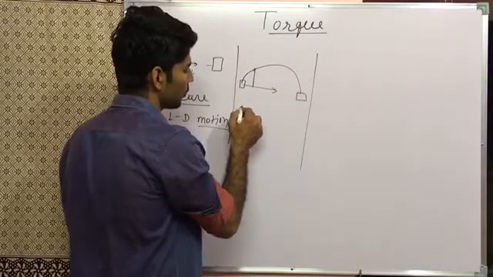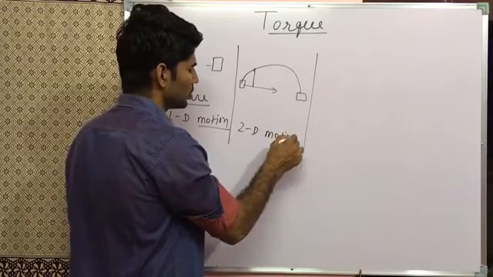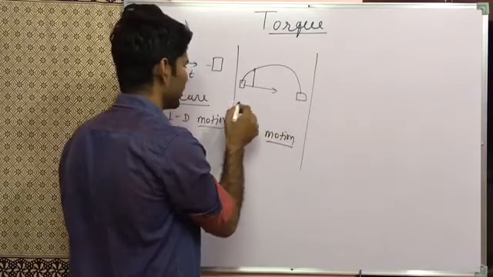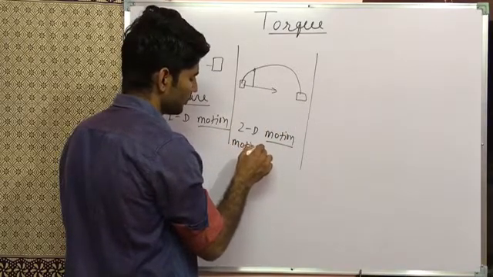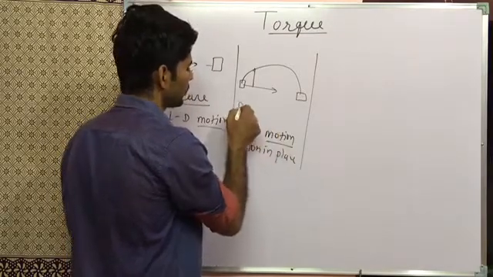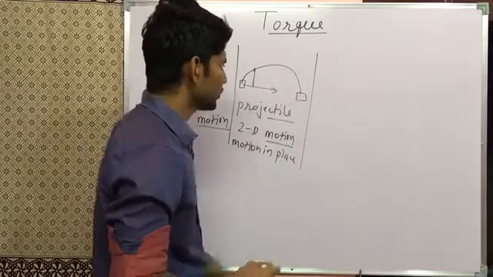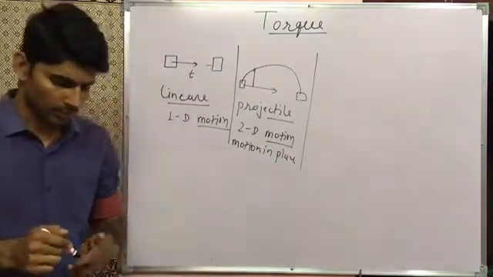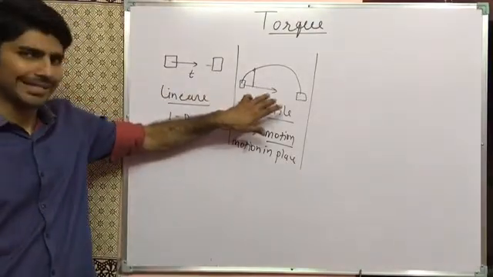This is called 2D motion, and we give it one more name, motion in a plane, or we call it projectile. So there are three names for this type of motion, in which the object shows the motion in two directions.